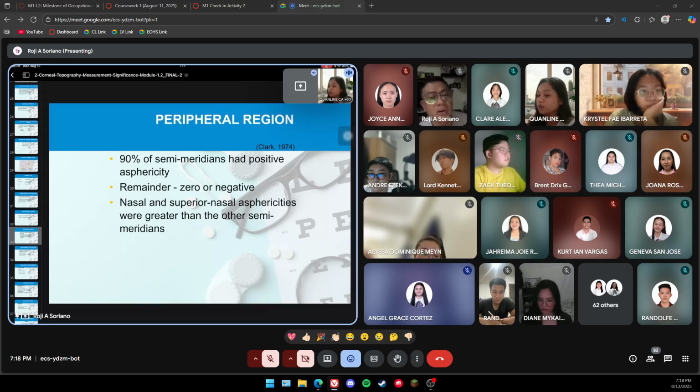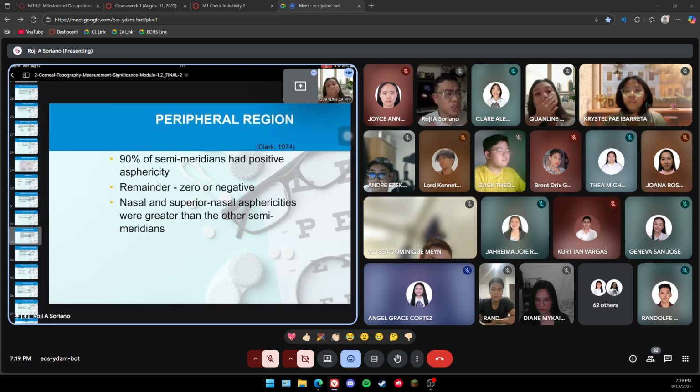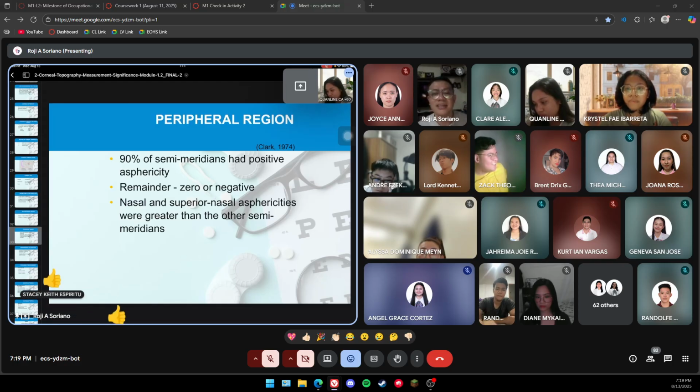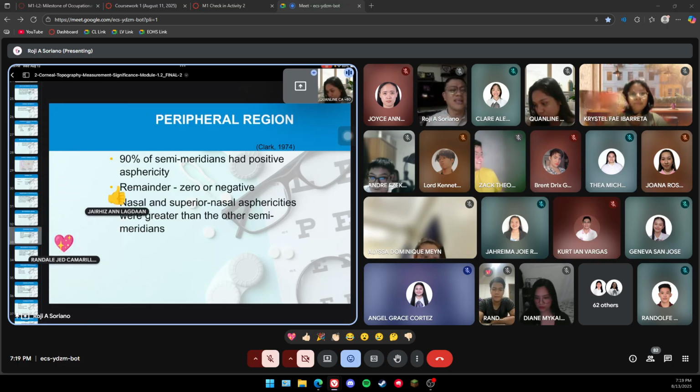The remainder zero or negative, which is nasal and superior nasal, asphericities were greater than other semi-meridians. Because we understand, based on what Zach said earlier, it's toward nasal superior, correct? There's a deviation, there's a decentration, right? Correct? Give me something, guys. Yes, there you go. Thanks.